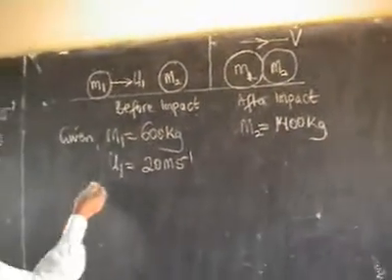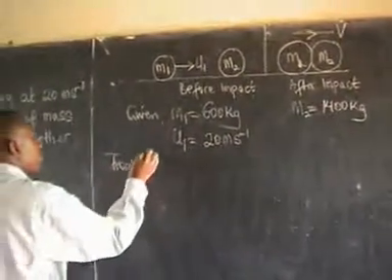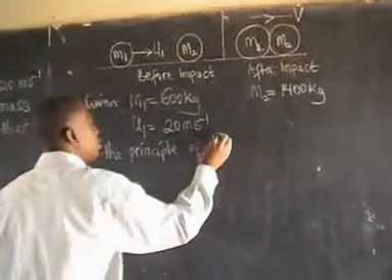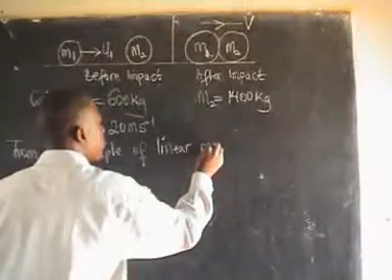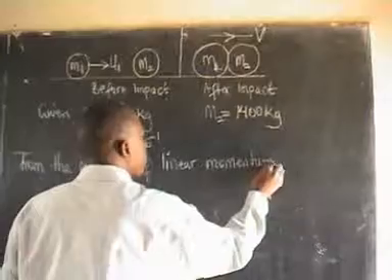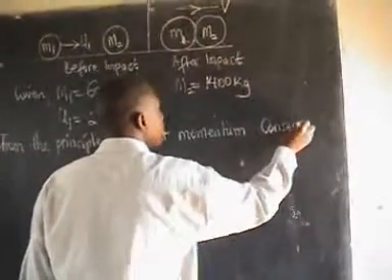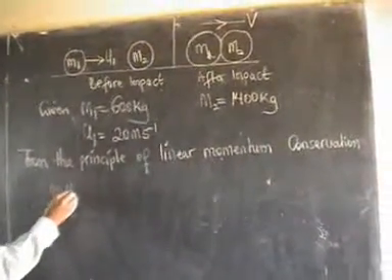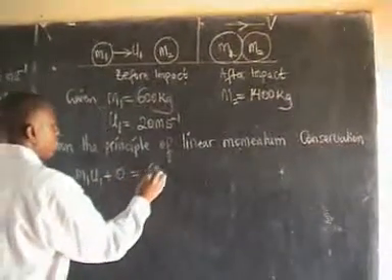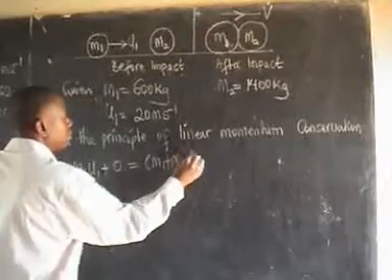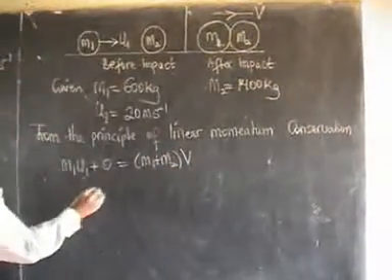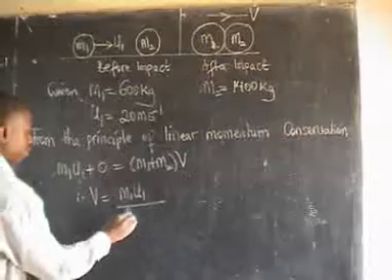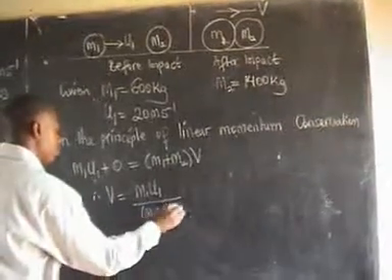From the principle of linear momentum conservation, we shall have M1 U1, this is at rest, equal to M1 plus M2 V. Therefore, our V is equal to M1 U1 over M1 plus M2.